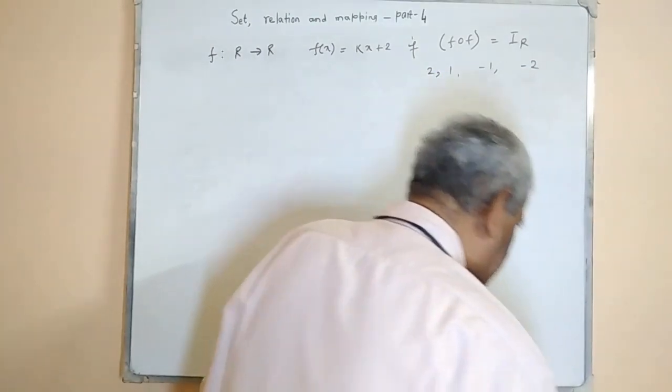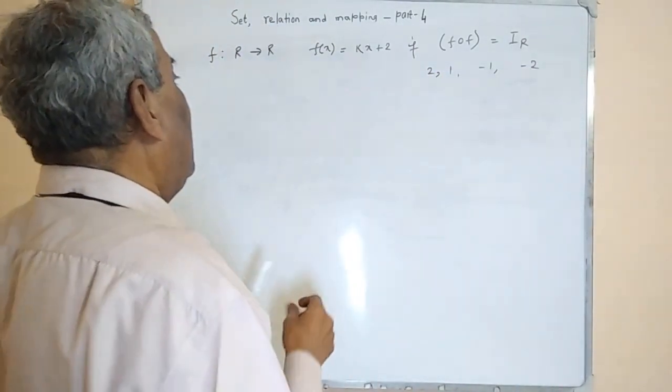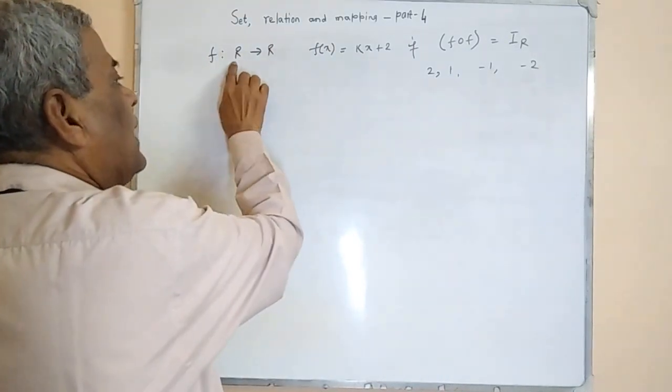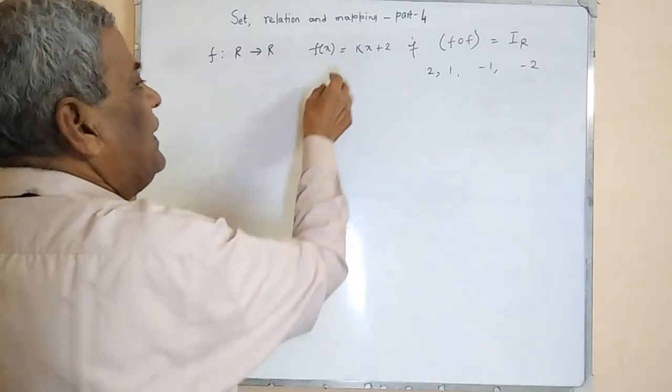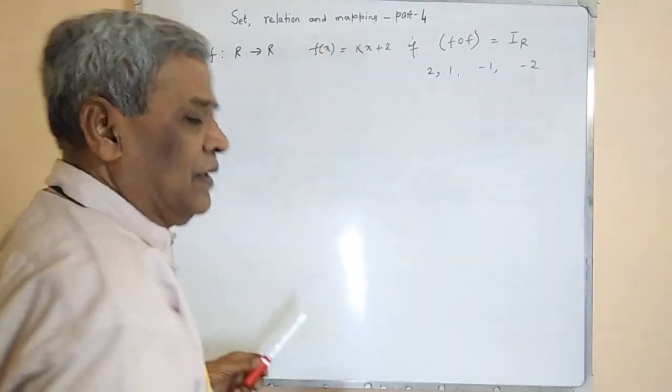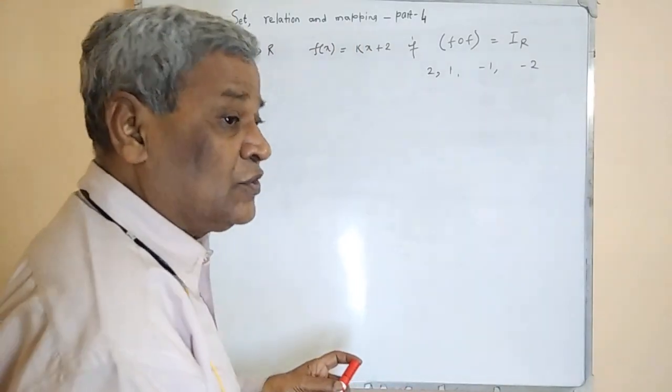Now I discuss the problem once again in detail. R to R means the set of real numbers, and f is a mapping where f(x) is given by kx plus 2. K is an unknown constant here.